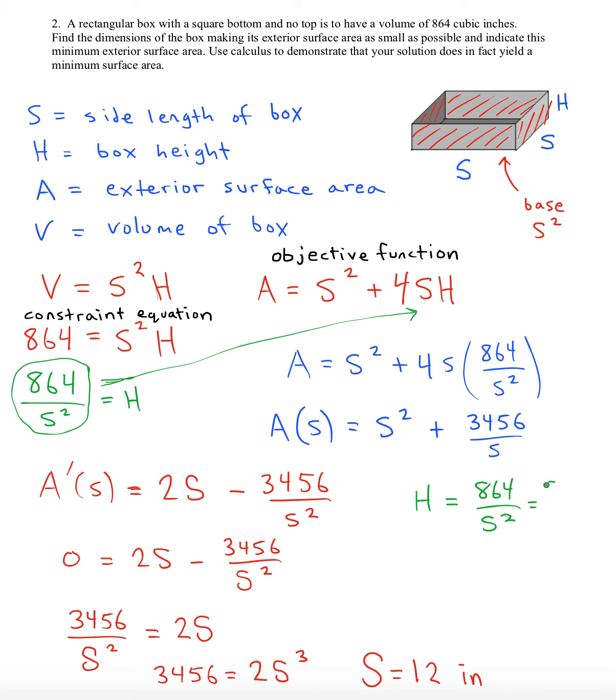So that's going to be 864 over 12 squared, which is 6.